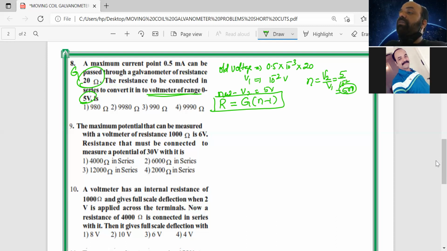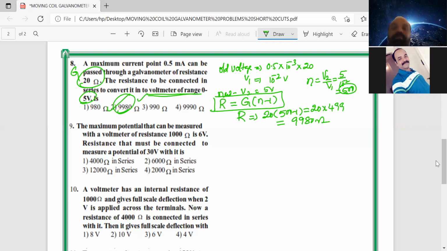So resistance R is equal to G, which is 20, into 500 minus 1, it becomes 20 into 499. So it is equal to 9980.